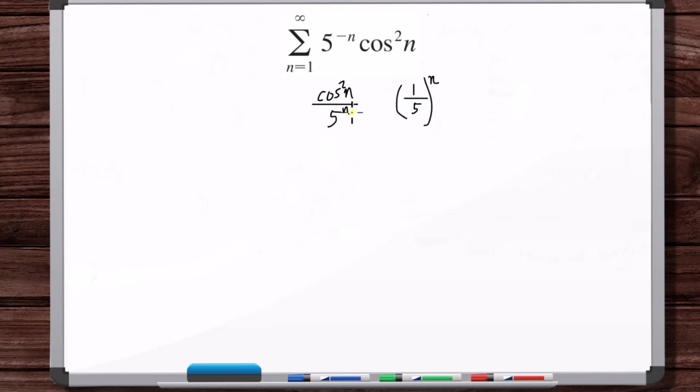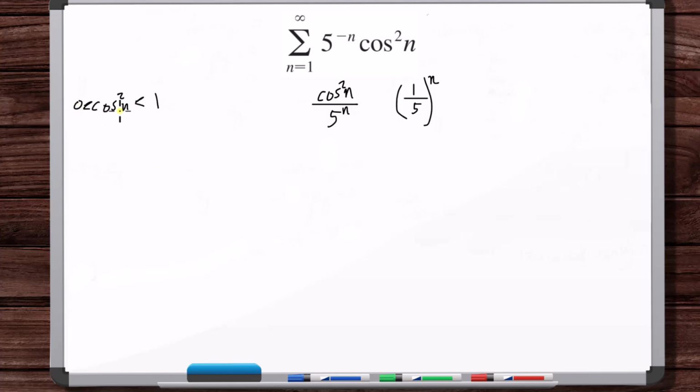But with the integers n, we're never going to have a multiple of pi. And since it's squared, we're never going to be between 0 and -1. So you can think about cosine squared of the integer n as being less than 1 and greater than 0, not equal to.